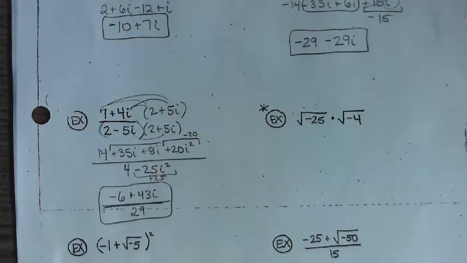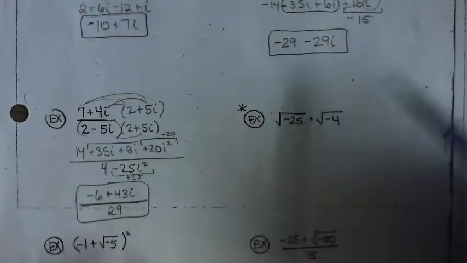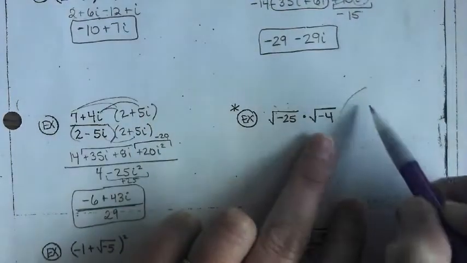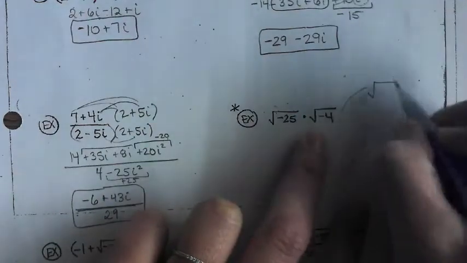In this next example, I start it because I think we need to discuss and then see which is the correct way of doing it. So if I multiply these radicals first and then simplify, what happens? I get root 100.